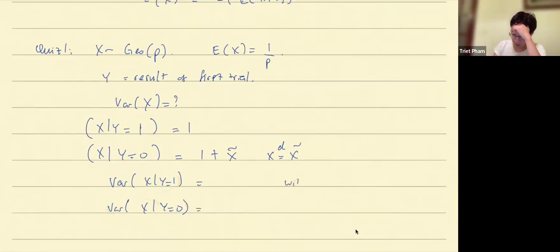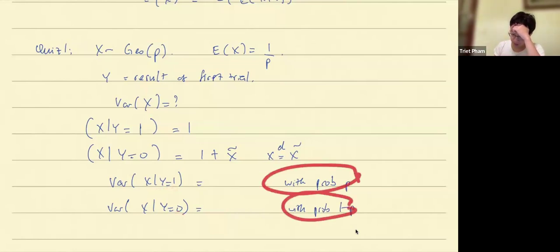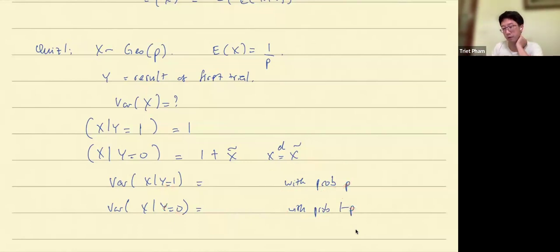In this case, the probability of Y being 0 and 1. So it's very natural to separate out the cases and assign the probability for these cases, as long as you have a discrete random variable. It doesn't have to be the only way to proceed, but here that will be the way. So for example, when Y equals 1, then this is a conditional distribution. Then what is the conditional variance?